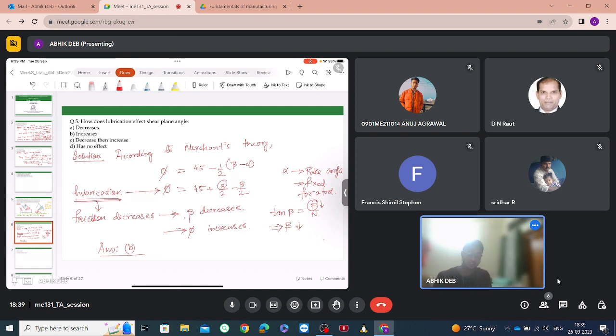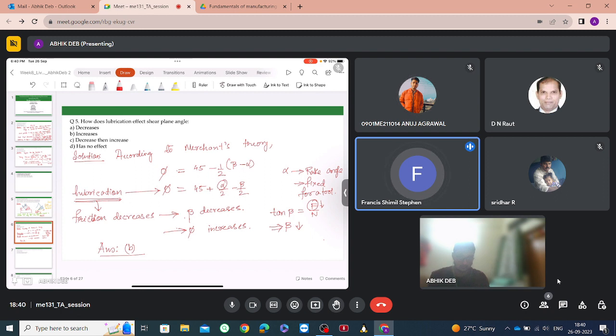So is it clear to everybody? If there is any doubt, you can ask. So if the shear plane angle increases, what will be the effect on the cutting?